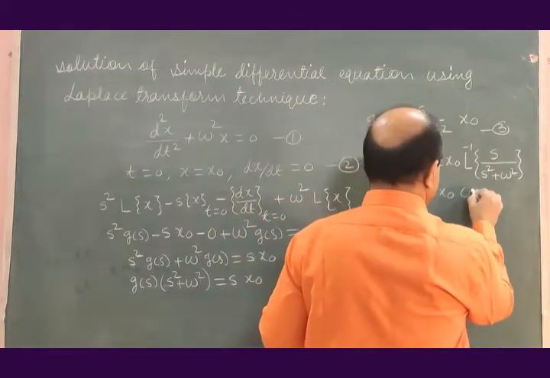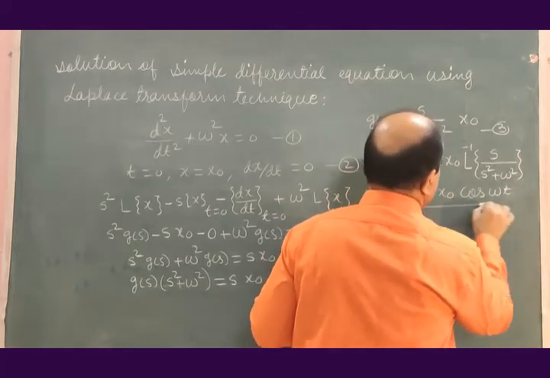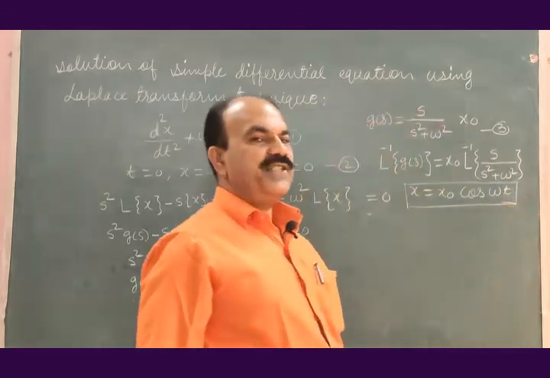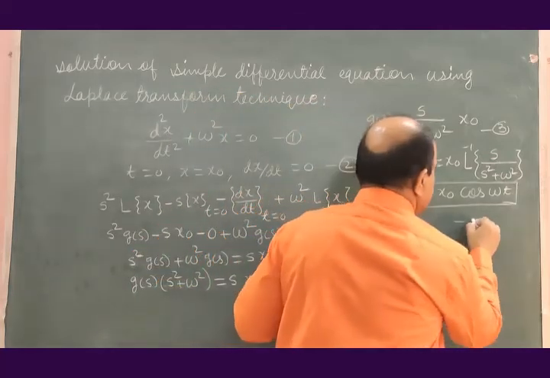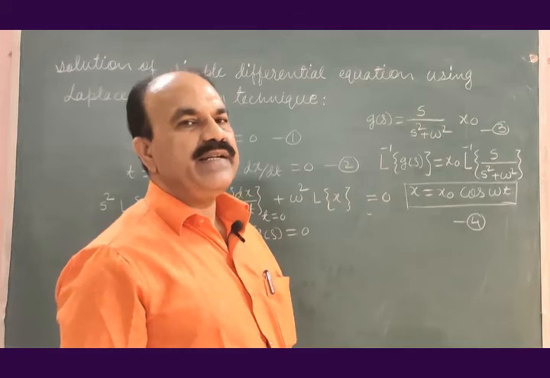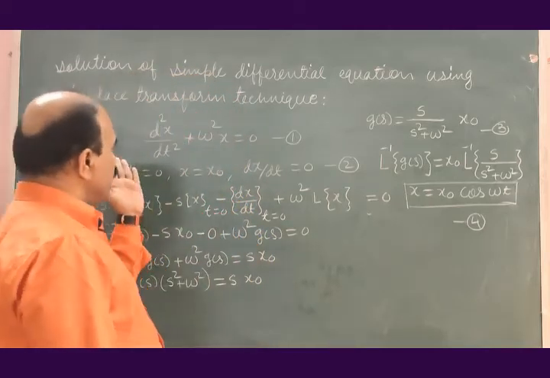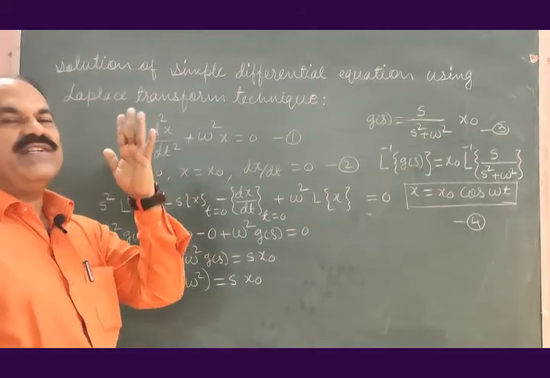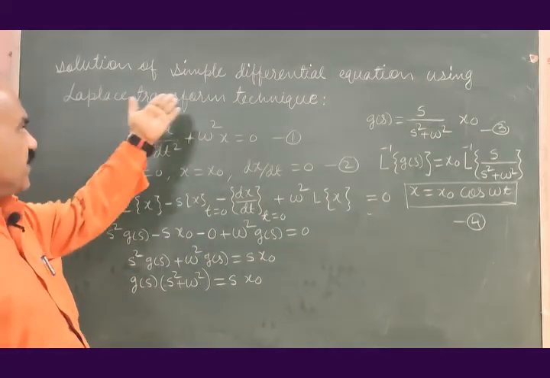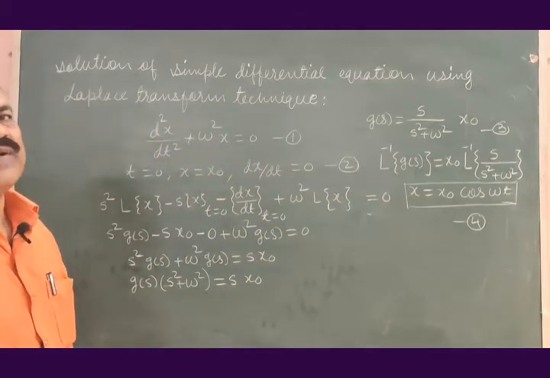This is simply cos omega t. X is equal to x0 into cos omega t. Equation number 4 is the solution of this simple differential equation using the Laplace transform technique.